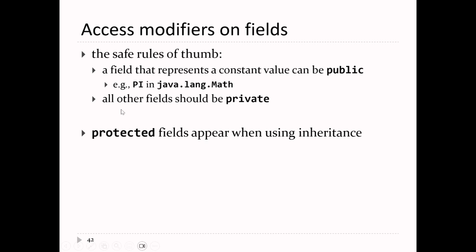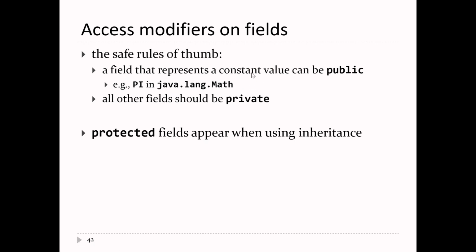So the safe rule of thumb: if you have a constant and you want that constant to be visible to everybody else, then make it public. For example, pi and e in the math class are both public. Pi is a useful value for anybody using the math class, so it makes sense that people should have access to pi. It's constant, so no one can change the value.